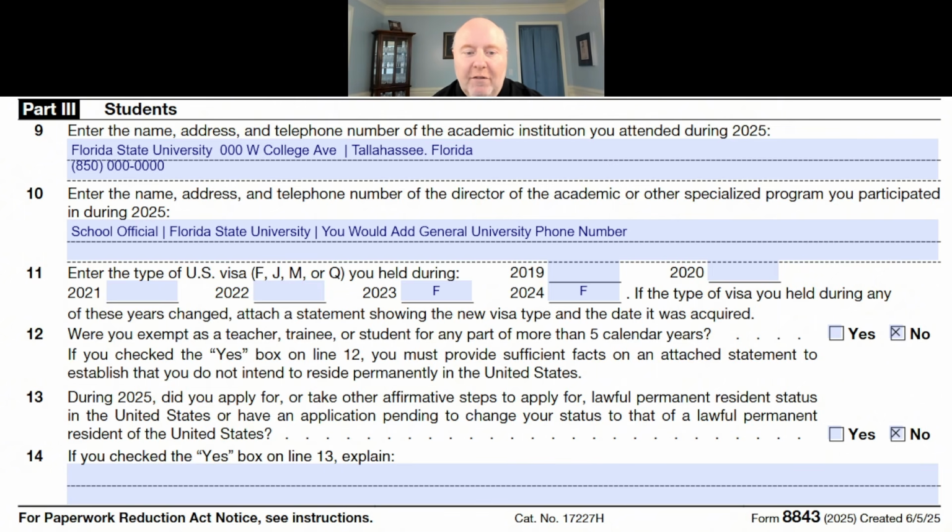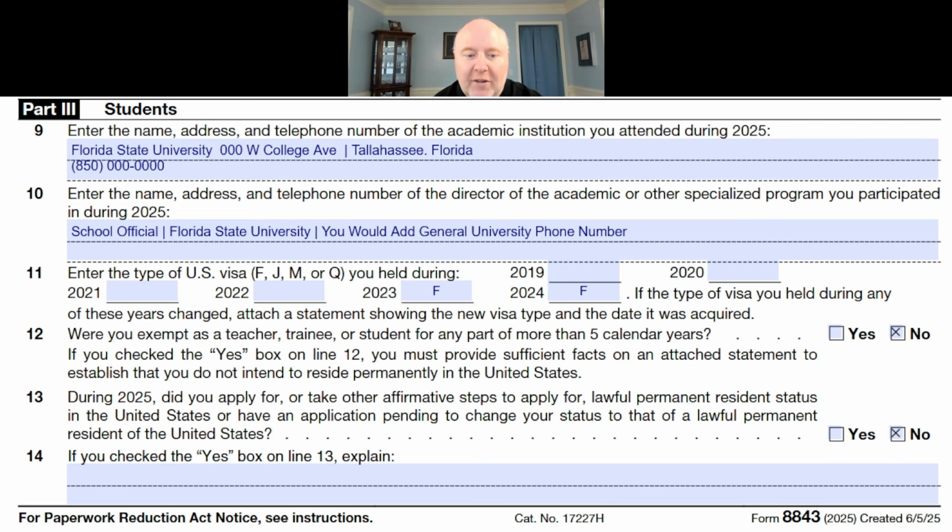Line number 12, it wants to know, were you exempt as a teacher, trainee, or student for any part of more than 5 calendar years? All right, this is getting to that substantial presence test. So generally you're exempt for 5 years on the visas for the F, J, M, and Q. So here we've only been in the United States for a couple years. We're putting no on this one.